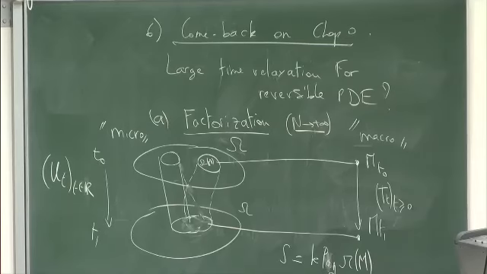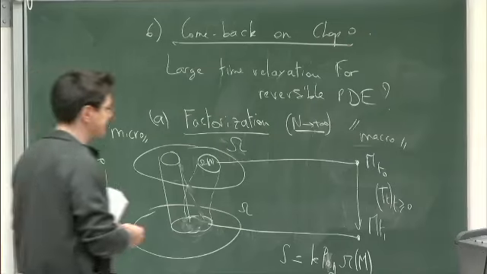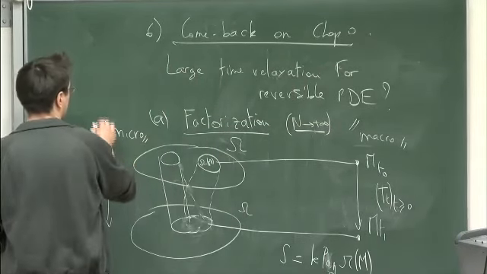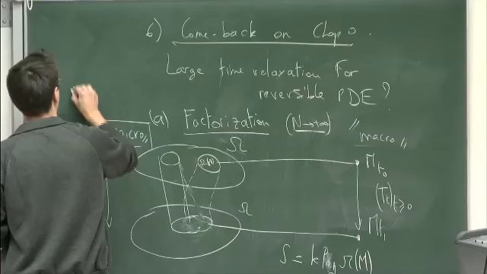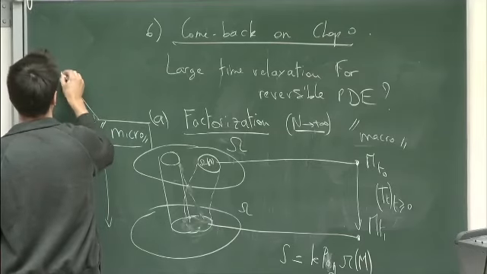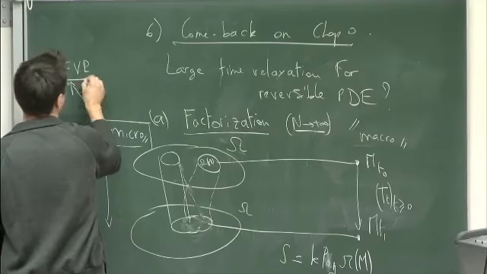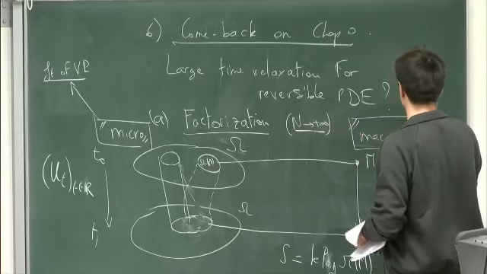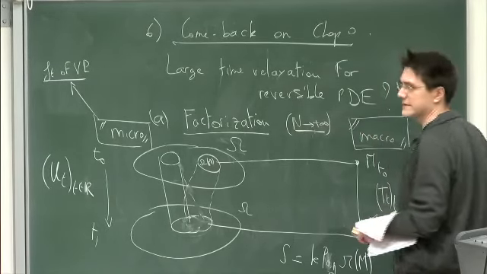But here I have drawn the picture because if we want to compare with what we do, in our case, the micro situation is the full distribution of Vlasov-Poisson. The macro thing is the density, the spatial density.